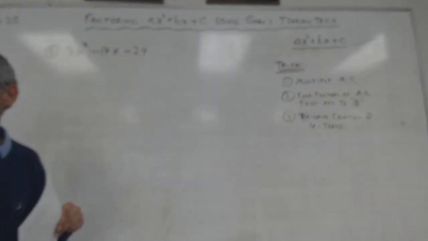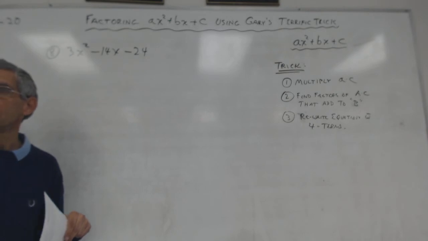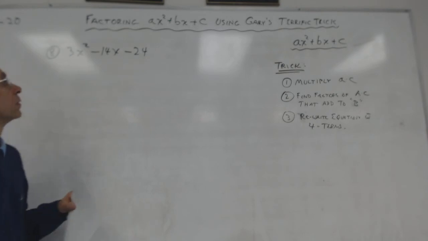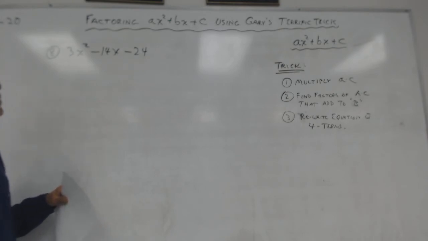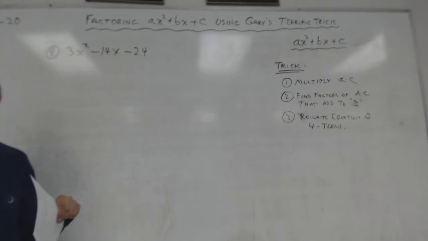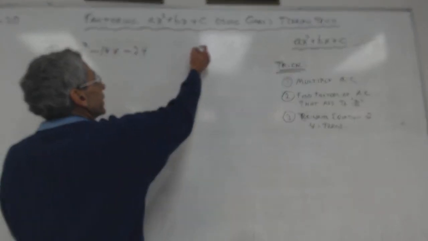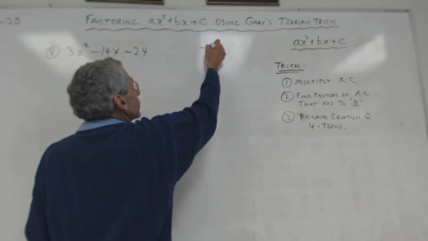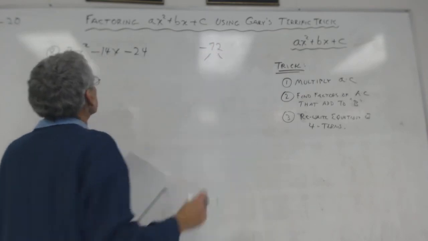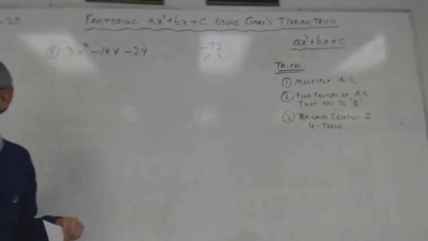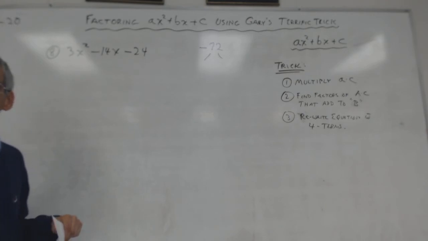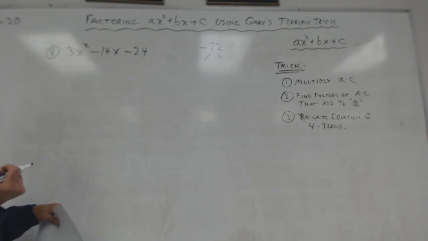All right, what's my first step? 24 times 3, except negative 24. That's 72, so we're looking at negative 72. Negative 72 is a bigger number, so this is going to be a little harder because we've got a lot of possibilities.